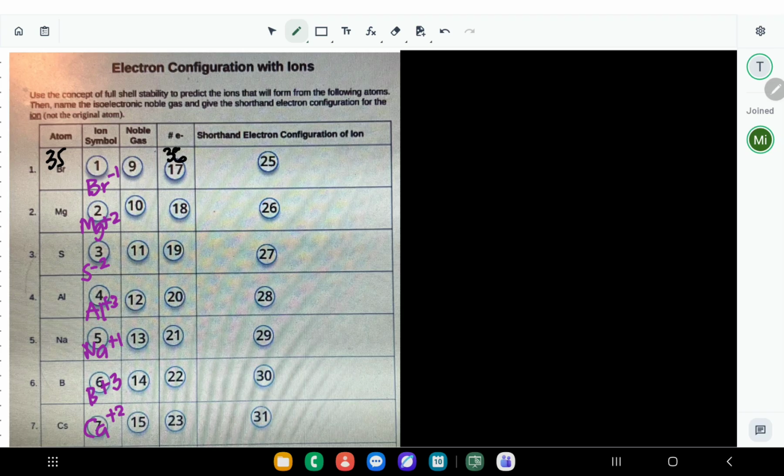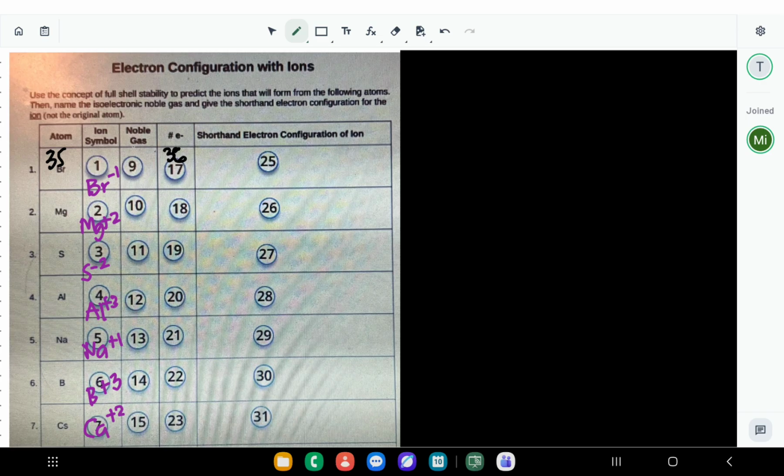So what is the noble gas with 36? Krypton, right? I'm a bit confused here about the noble gas part, whether we write the noble gas of the ion or the atom.